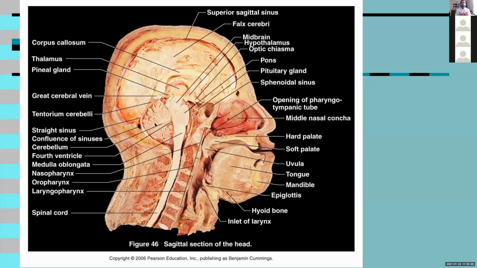So, Gloria, good. She says hearing. It's definitely a part of hearing. But it's more of a response to hearing. What else? Midbrain.